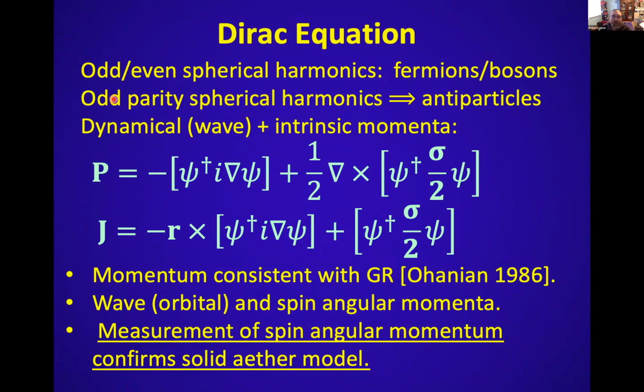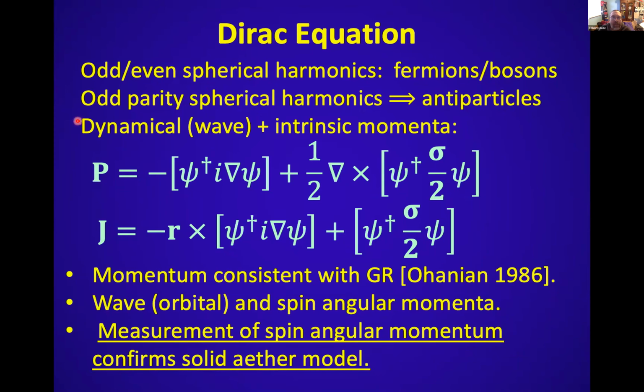And the odd spherical harmonics also have odd parity. So those would have distinct antiparticles, whereas the even spherical harmonics would have even parity. So those would not have distinct antiparticles. So that's in agreement with the standard model, except for the W particles, which perhaps are not elementary particles.